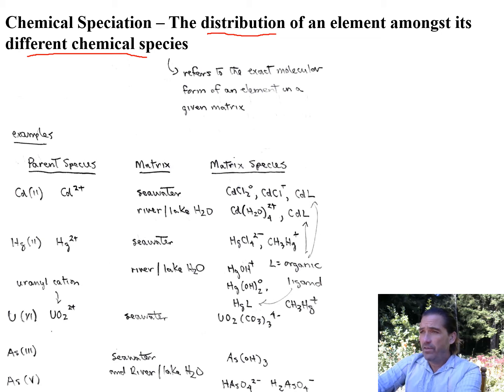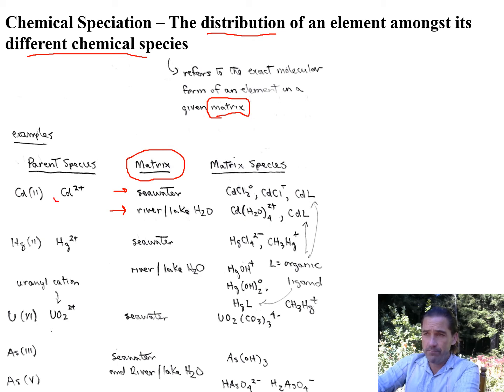And so this chemical speciation will depend upon what type of matrix we're dealing with. And in terms of matrix, in natural systems, I'm just talking about the different types of environments in which the element can be present.